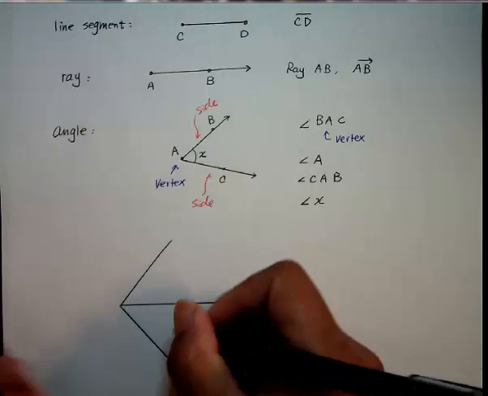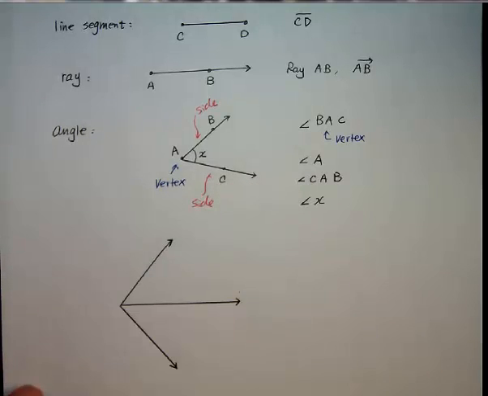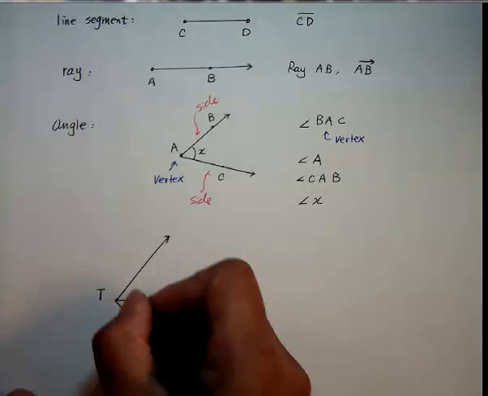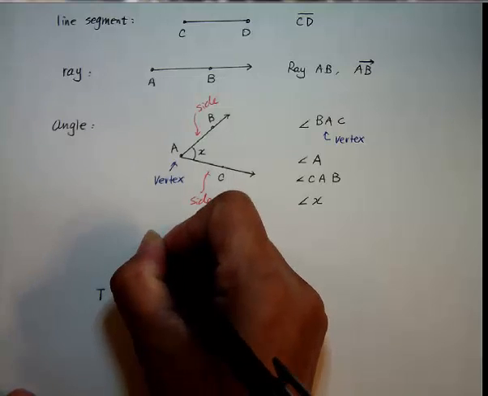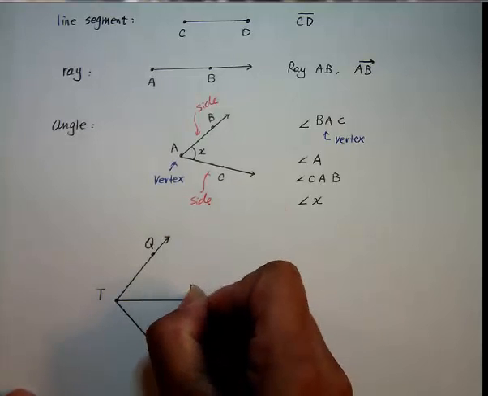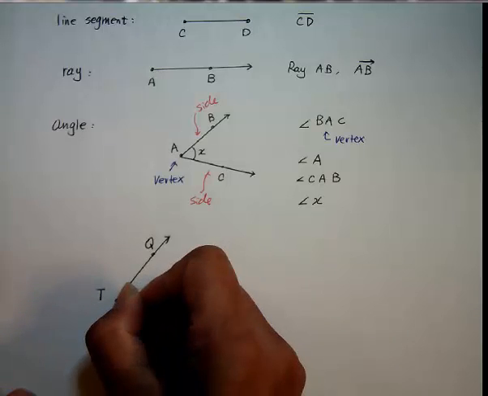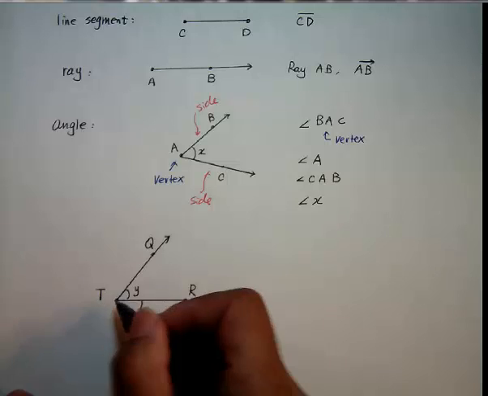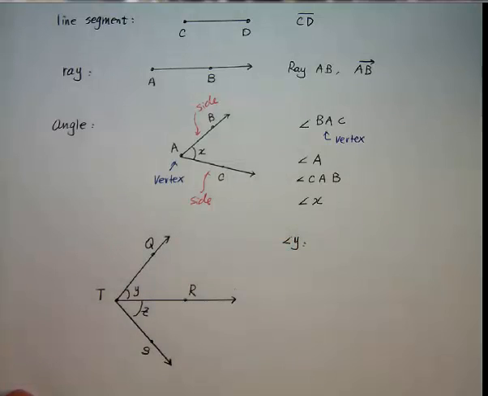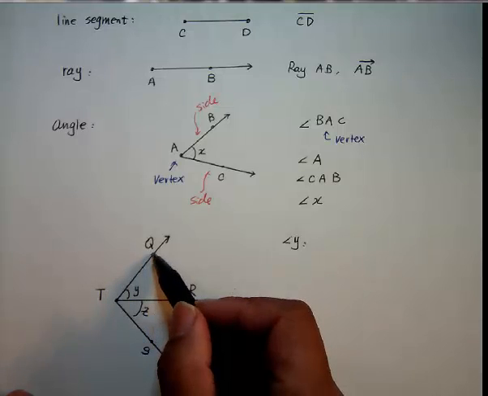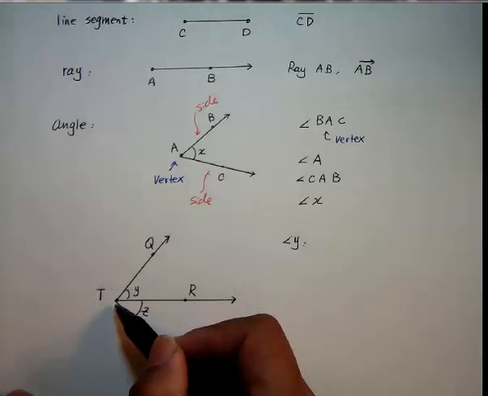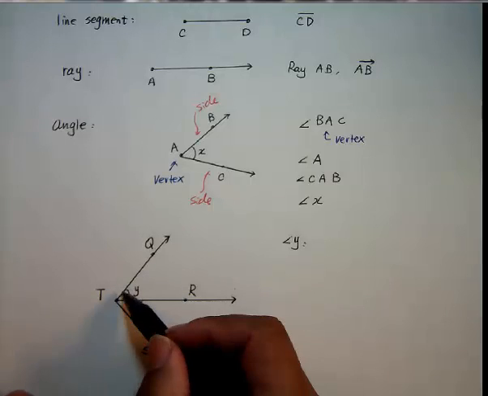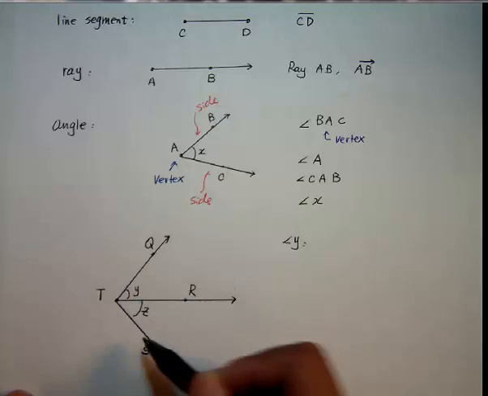Let's go over how to name our angles. Okay, I'm drawing lots of angles here. They all share the same vertex T, and points P, Q, R, S. And this may be angle Y, angle Z. Let's take a look at angle Y and the different ways we can name it. You cannot say angle T, because with angle T you don't know if it is this angle, that angle, or the whole angle, right?